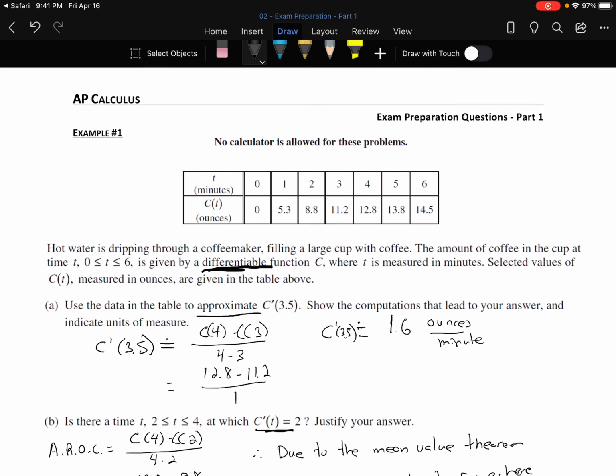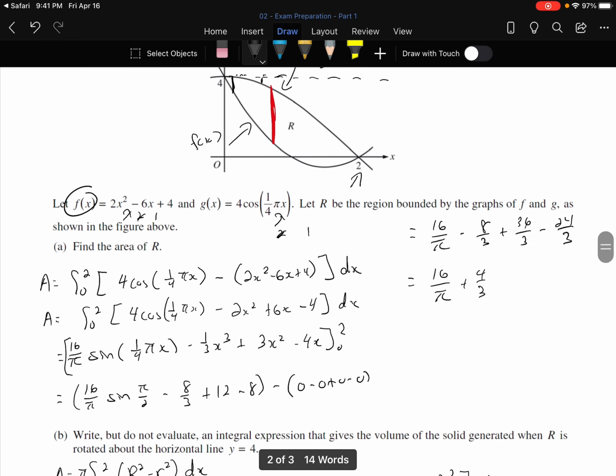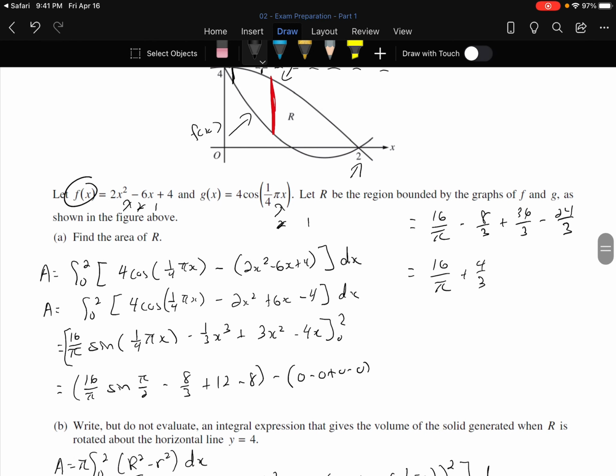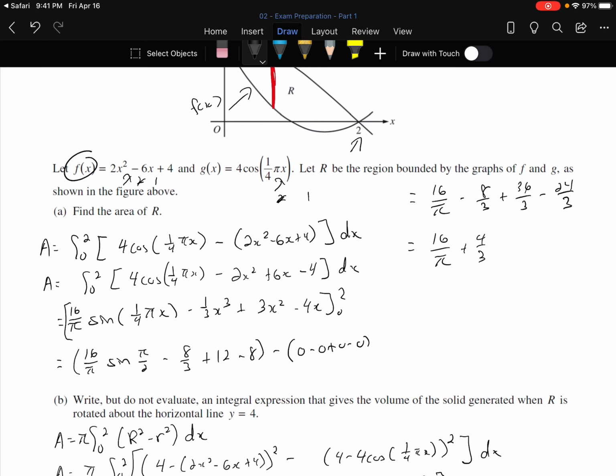One little correction I wanted to make on an earlier question is that 4/3 in my mind was a minus 4/3, and that was right because I lost a subtraction somewhere along the way. So it was 16 over pi over here, and that was supposed to be a minus 4/3. One of the signs I got wrong there. Let me see if I can find it.